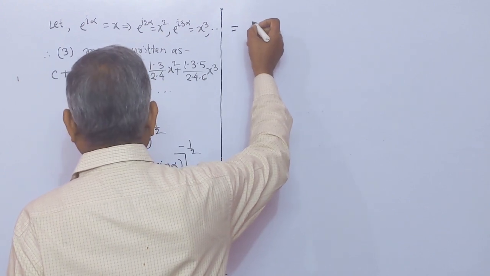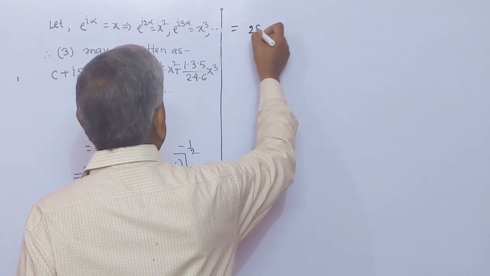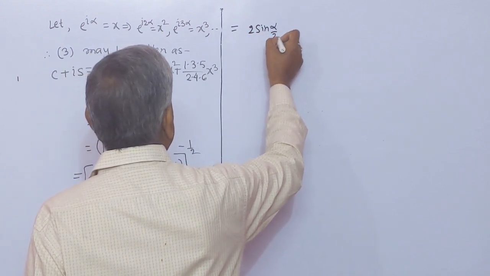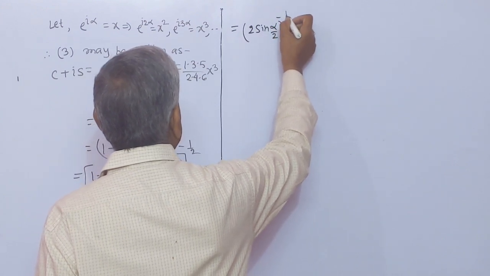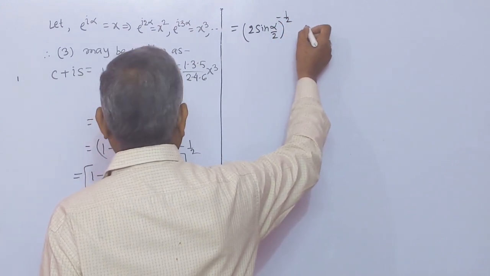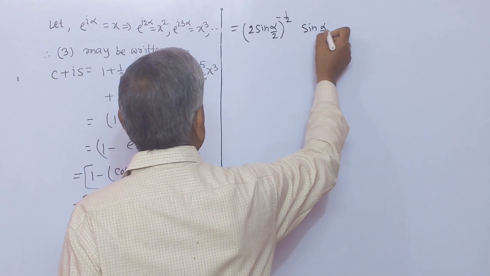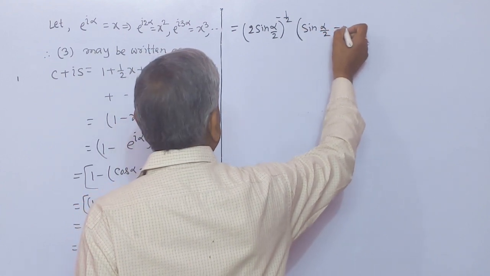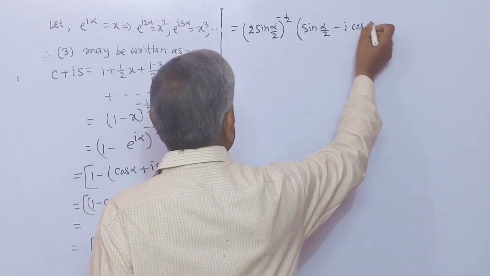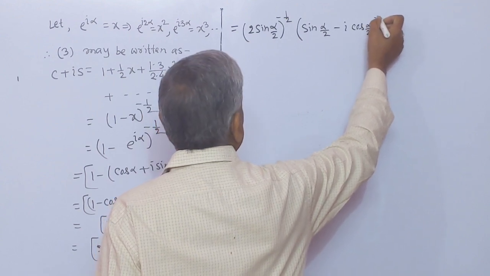This is equal to (2 sin alpha by 2) to the power minus half, (sin alpha by 2 minus i cos alpha by 2) to the power minus half.